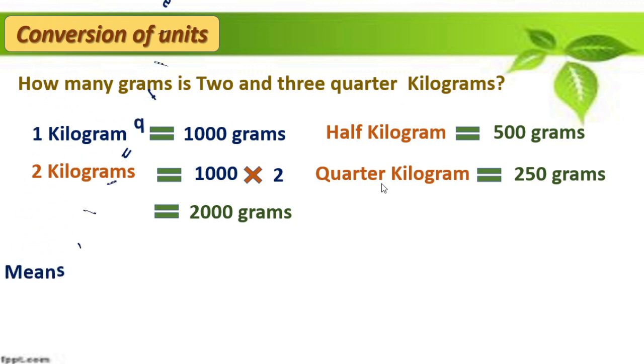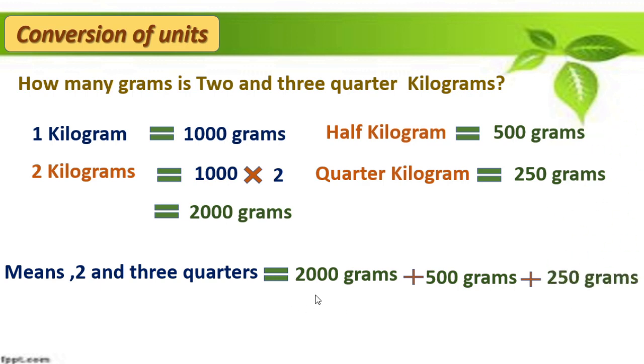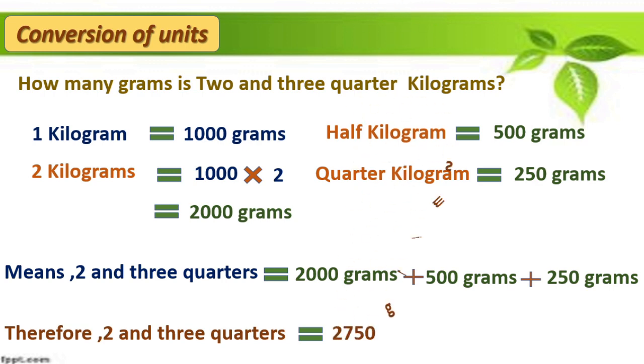Here 2 and 3 quarters is equal to how much? 2000 grams plus 500 grams plus 250 grams. When we add these three, we will get 2 and 3 quarter kilograms. See here. Therefore, 2 and 3 quarter kilograms is equal to 2750 grams. Isn't it? Okay, very good.